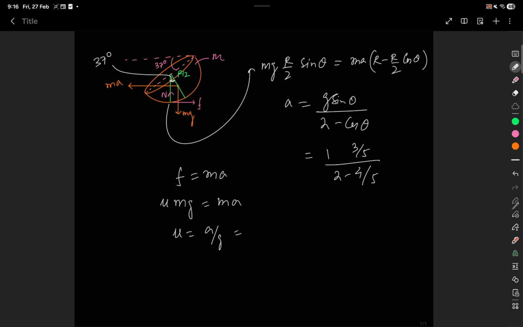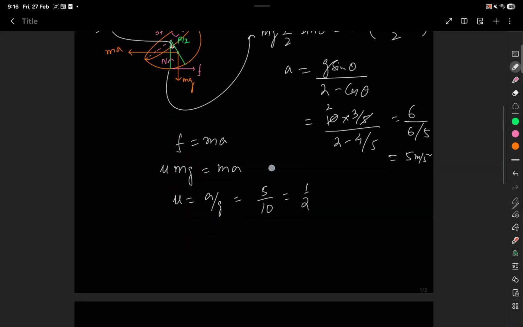G is 10, so you are getting 6 by 5 into 10 by... that is 5 meter per second square. So mu is equal to 5 by 10, equal to 1 by 2.